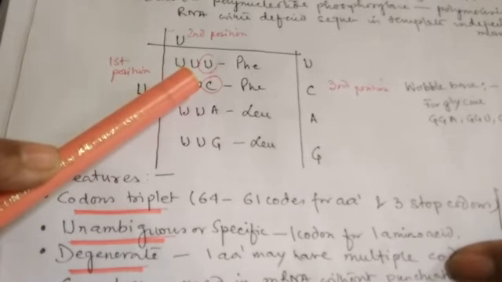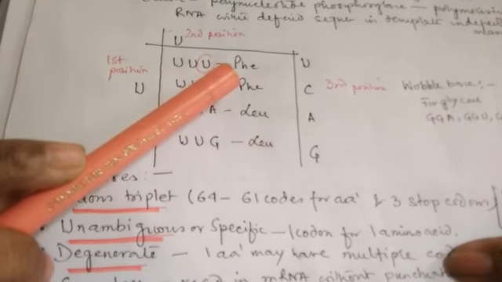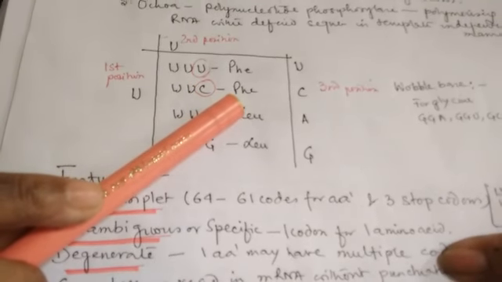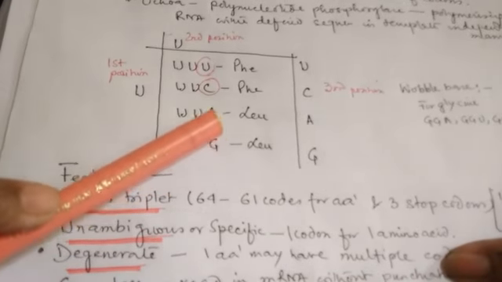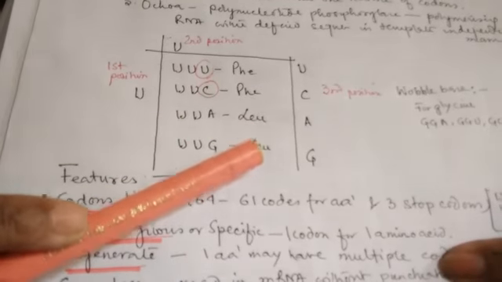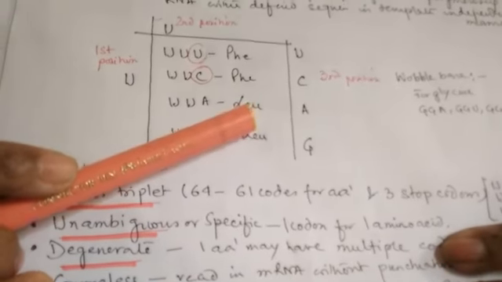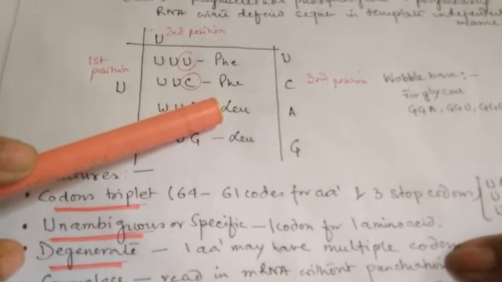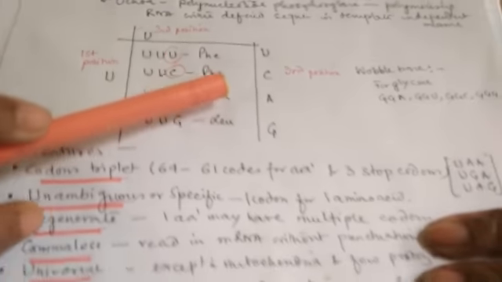You can see here, in UUU, when the third nitrogen base is U, it is coding for phenylalanine. When the third nitrogen base is C, it is still coding for phenylalanine. Here also the third nitrogen base is altering, but they are still coding for the same amino acid. So it implies that the third nitrogen base has very little significance, not always, but mostly, in coding for a specific amino acid.